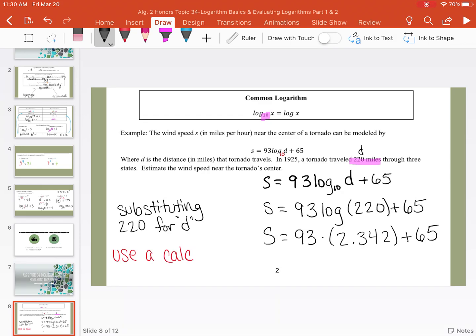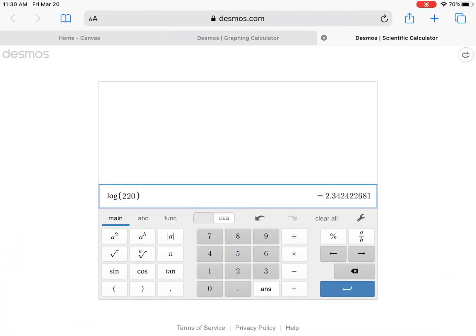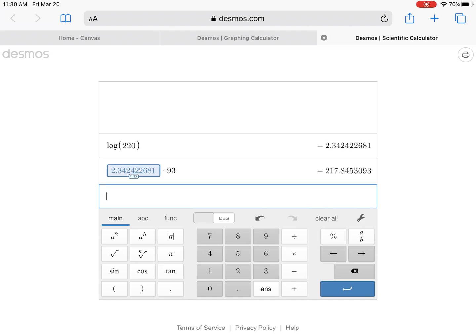So we're going to do our multiplication first and then our addition. You can go back to your Desmos. And since we have this number here, Desmos is really handy in that you can use the answer from beforehand. Multiply it by that 93, and get our new answer of 217.8453093.